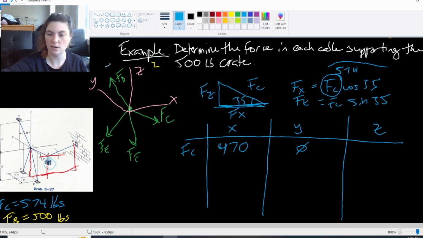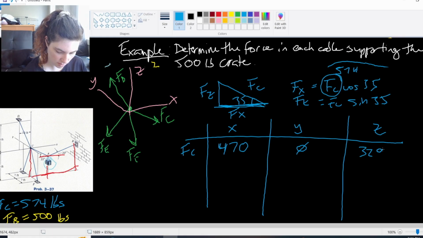So I'm going to hit 574 times sine 35 gives me 329 newtons. So that's my FC, and I can break up all of these others in exactly the same way.